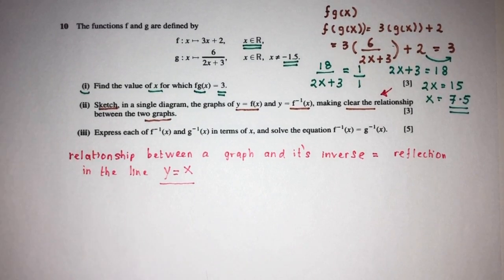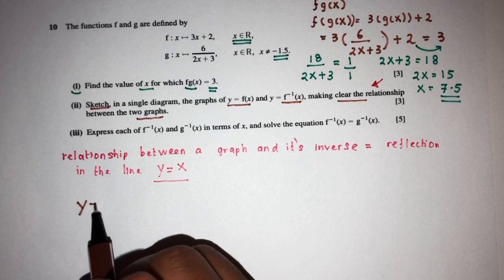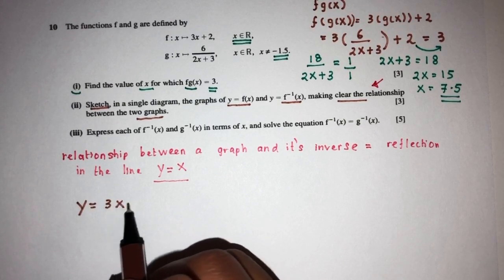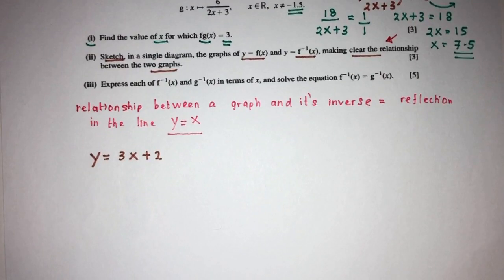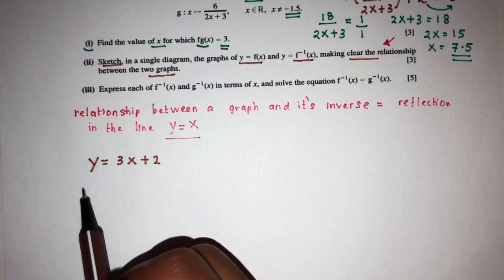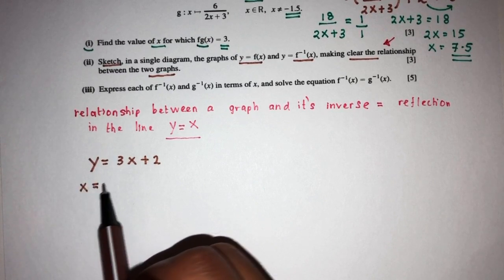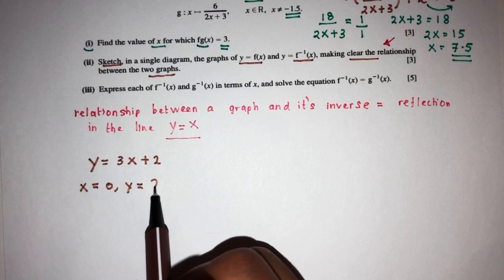So one by one. We have the graph of y equal to f of x, so f of x is equal to 3x plus 2. Now you can see this is a simple straight line. How can we draw this? Let me find 2 points that we can join. If x equals 0, y will be equal to 2.